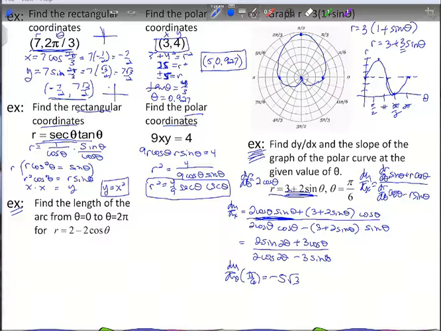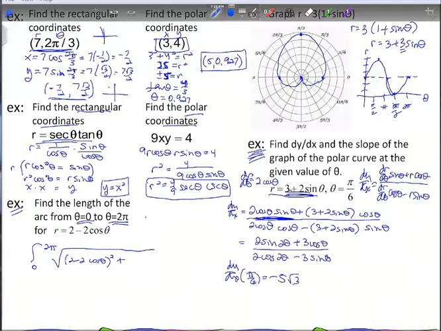Then our last one, we're going to look at arc length, and we get to use our new arc length formula. We're so excited. So the length of the arc, we're going from 0 to 2 pi. Well, that's pretty easy. So our arc length is the integral from 0 to 2 pi of the square root of r squared, so (2 minus 2 cosine theta) squared, plus dr/d theta squared.